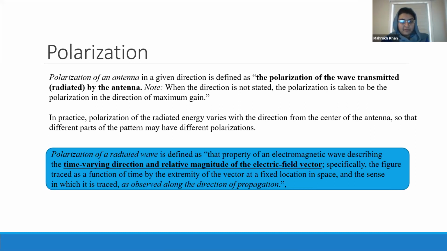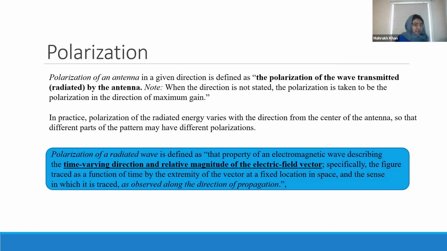Polarization of a radiated wave is defined as the property of an electromagnetic wave describing the time varying direction and relative magnitude of the electric field vector. So the direction of the electric field vector defines the polarization.